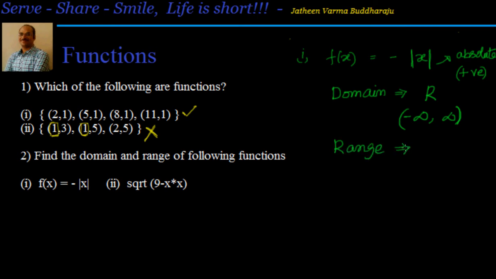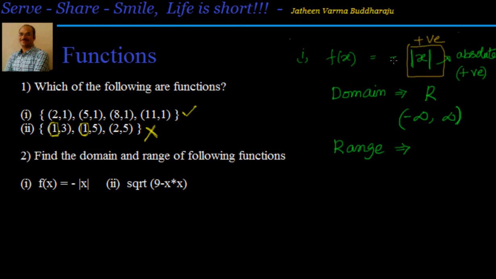Now what is the range for this? To understand range, let us apply some values to this function and see, because what is range? Range means all the values which are returned by f of x for different values of x. Mod of x always returns a positive value.